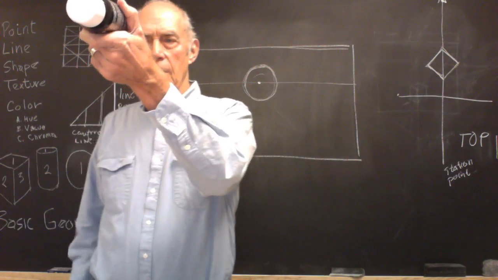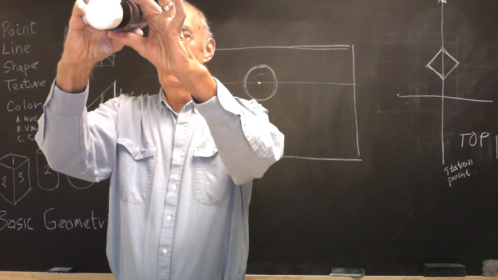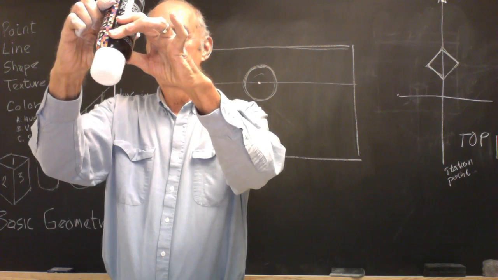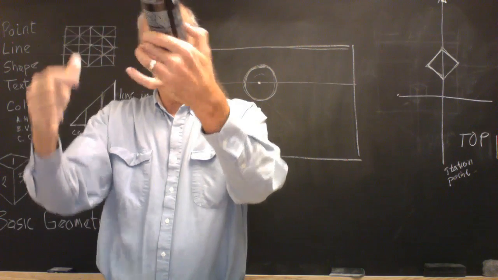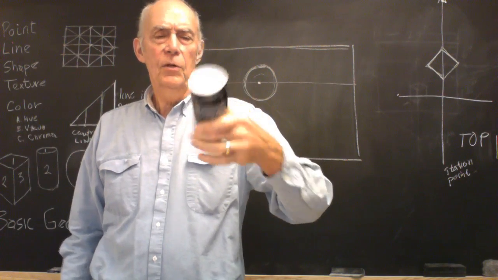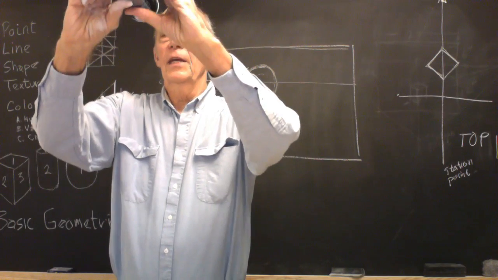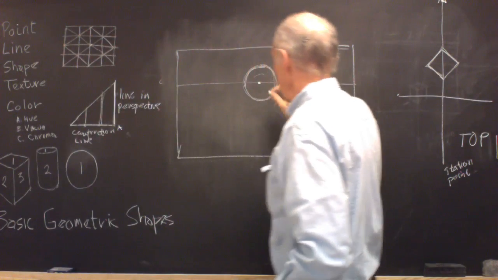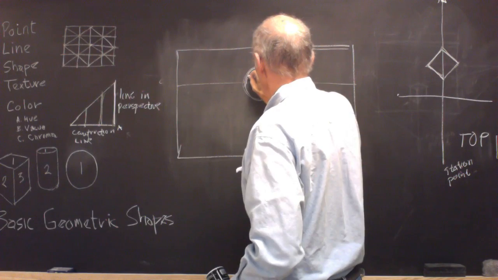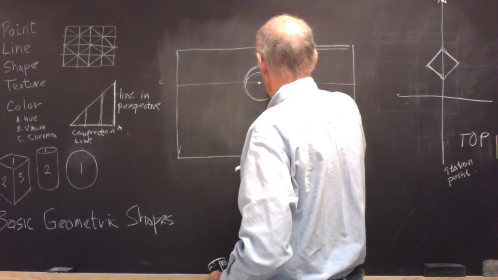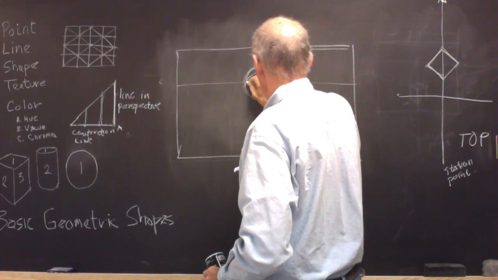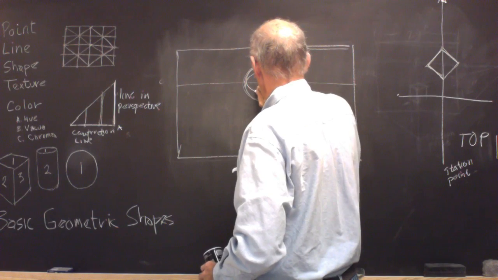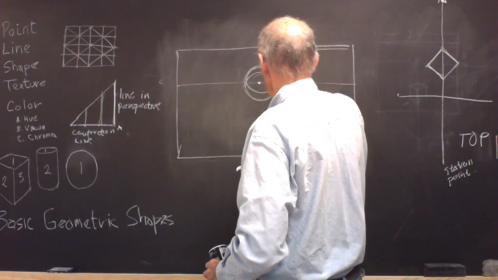Like this. Now, if I start rotating this, the bottom of this, whatever this is, who knows? If I start rotating in this, it's going to start making another shape. And this shape is called an ellipse. So a circle in perspective is an ellipse.